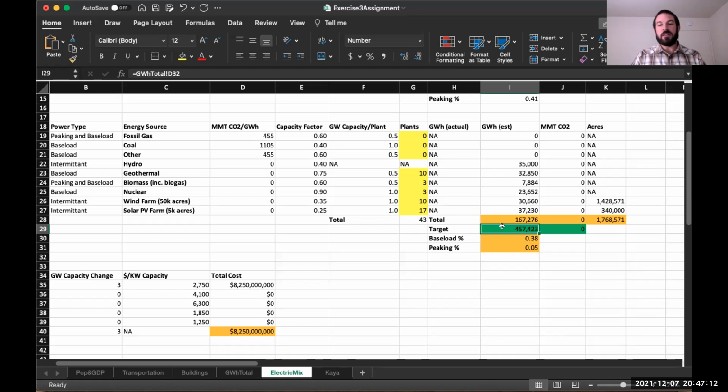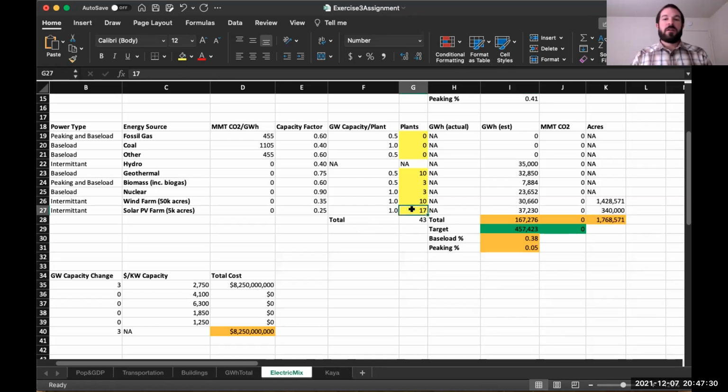We need at least 452 and at most 462 gigawatt hours of electricity generated. We need at least 30% base load and at least 20% peaking, and we can't have our acreage go above 3.5 million.